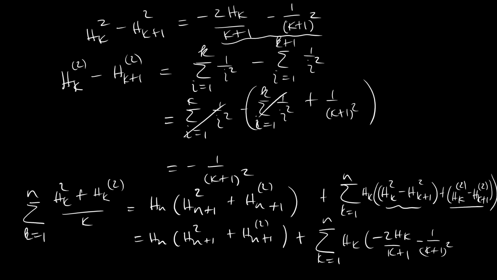And then this part here will take this part, which is negative 1 over k plus 1 squared.